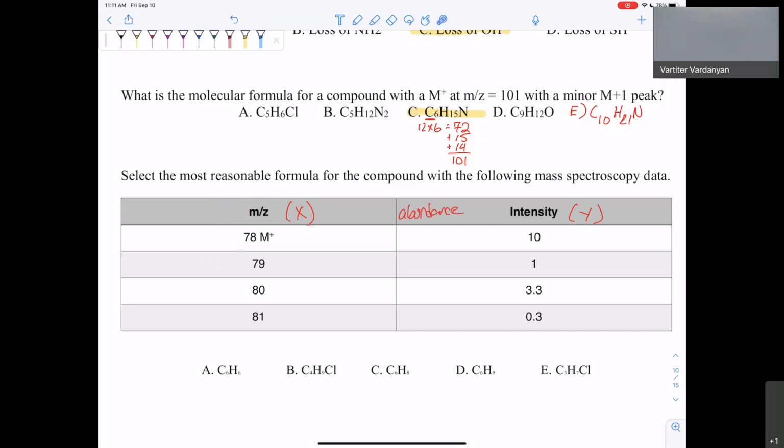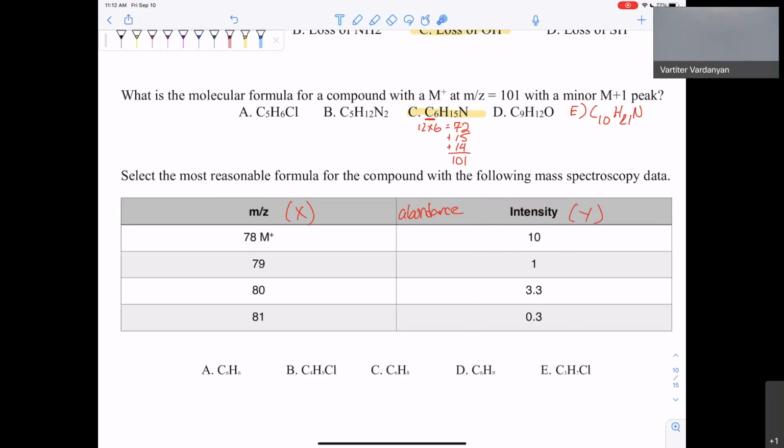Everything is really small numbers here. We know that intensity goes up to 100, so this is pretty much a ratio. A 10 intensity correlates to probably the base peak, or 100% intensity.